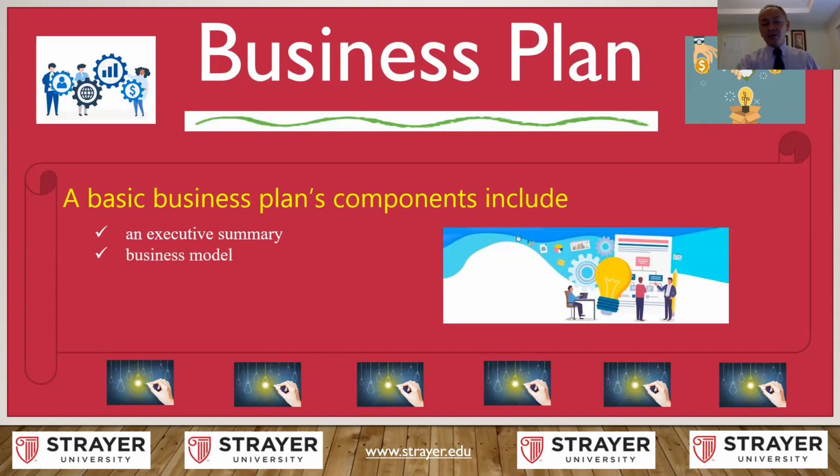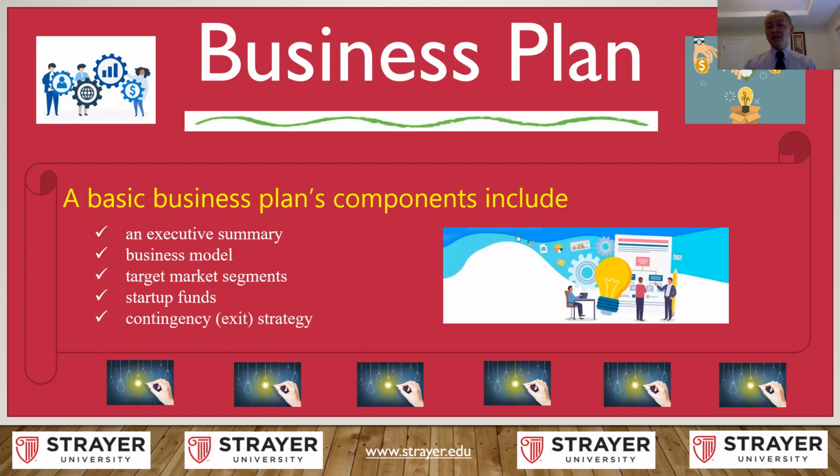You need to focus on the business model. What business model is practical to help the business generate revenues? Who will be your consumers? What funds will you use to open your business venture? What will be your contingency plan in case you decide to call it quits?